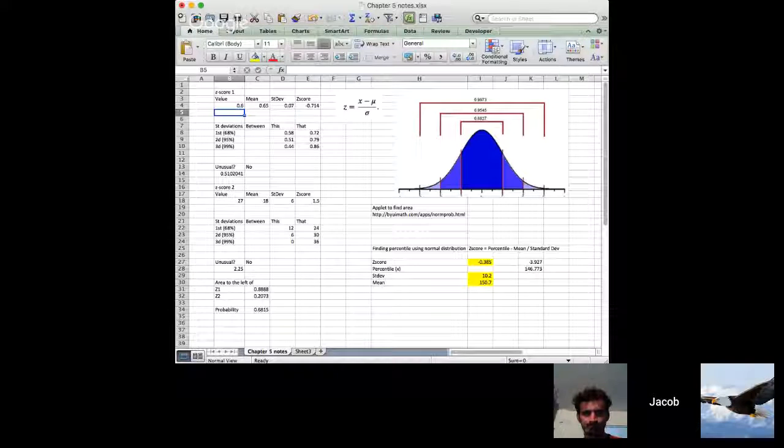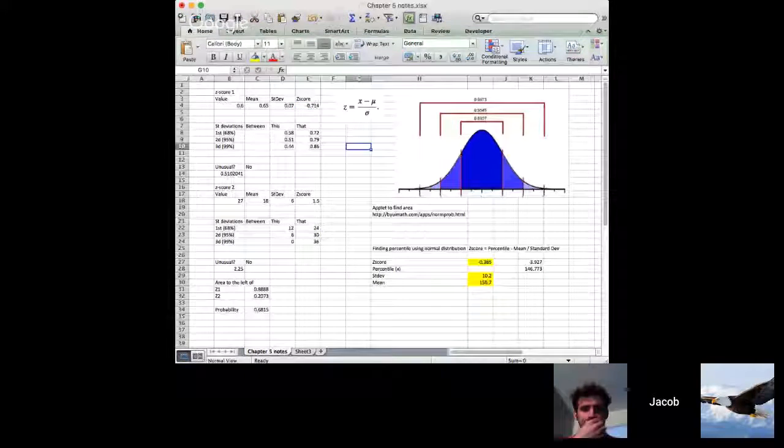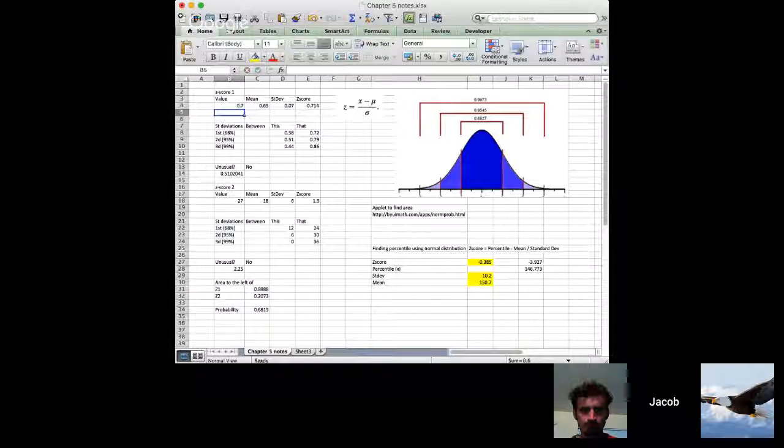And this little cell right here spits out the z-score. So 0.6 is negative 0.714. 0.7 is positive 0.714.